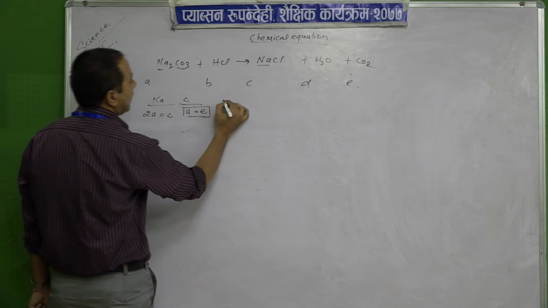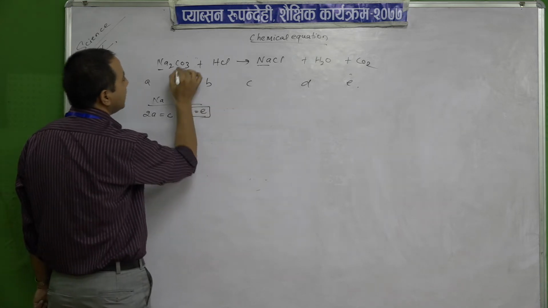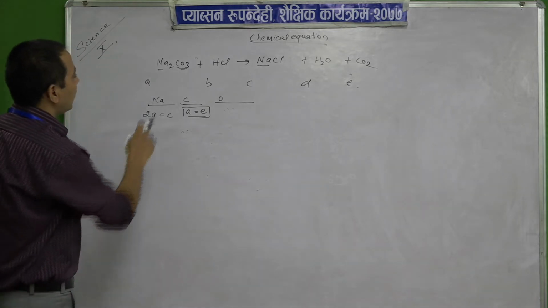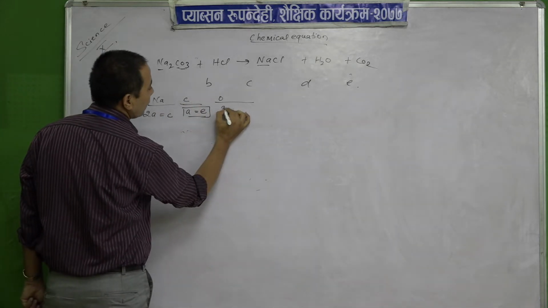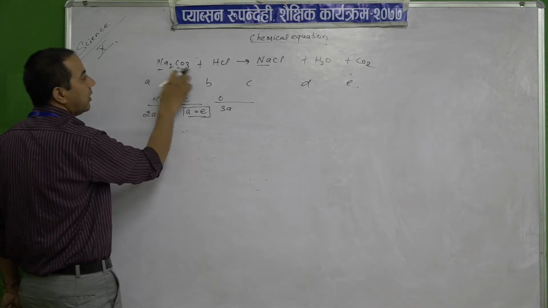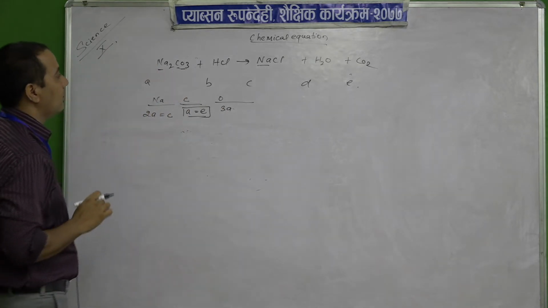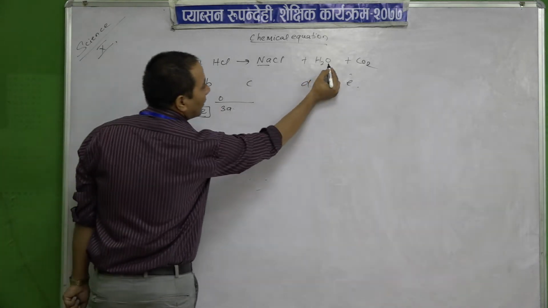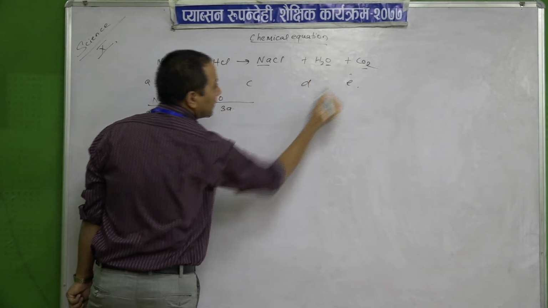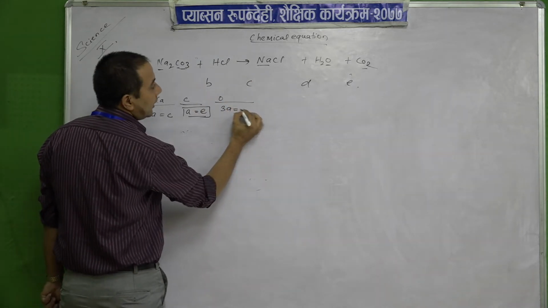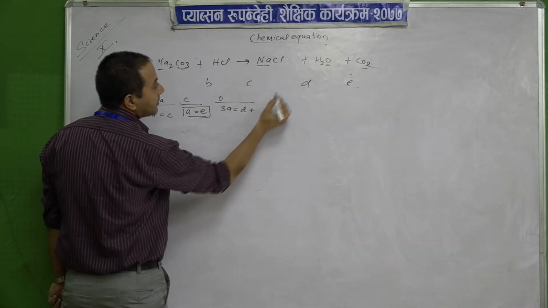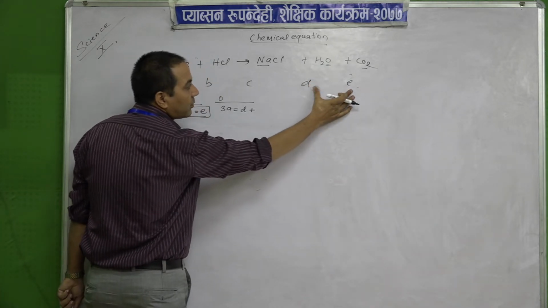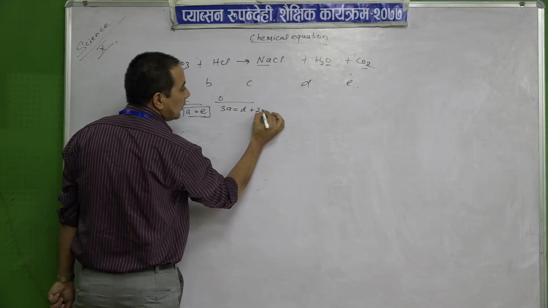Okay. Then the next one, oxygen. In case of oxygen, here is 3A. We only multiply, just like a molecular formula. 3A equals D plus D, one oxygen is there, and we have to add this one also, so 2E.